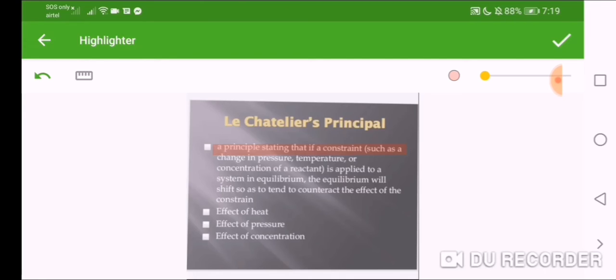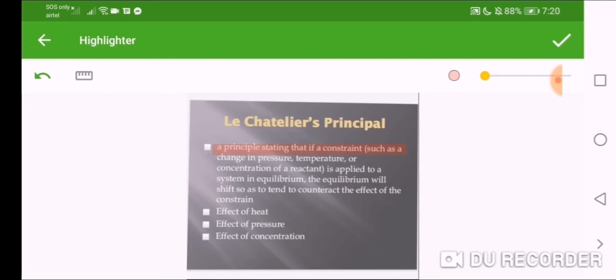That means when we apply pressure in equilibrium, the reaction changes to reduce the pressure. If we apply heat in the equilibrium system, the reaction will change to reduce the heat. And if we change the concentration of the reactant in equilibrium, the reaction may change to reduce the concentration.